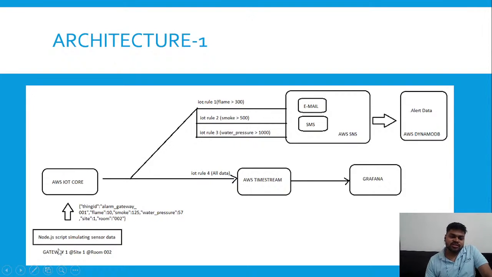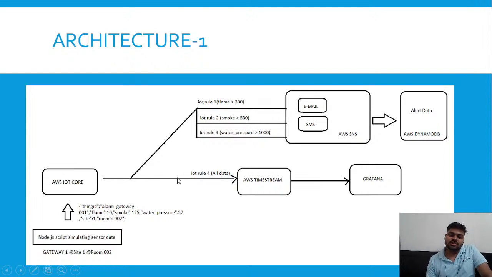From the Node.js script, we are generating data in this JSON format. We are publishing this data to AWS IoT Core to a specific topic, which is basically thing ID slash telemetry. Then from AWS IoT Core, we have written some IoT rules, a rule feature in AWS IoT.